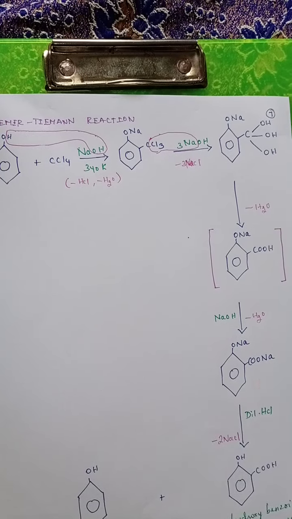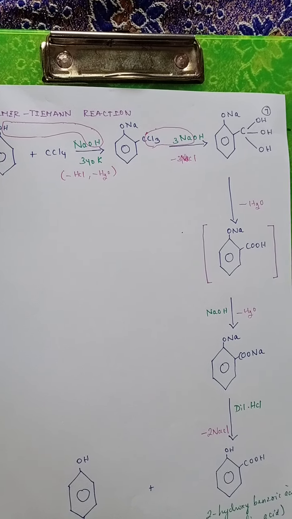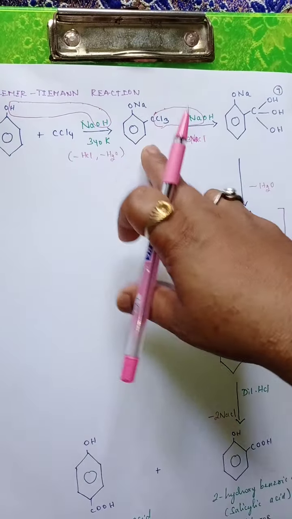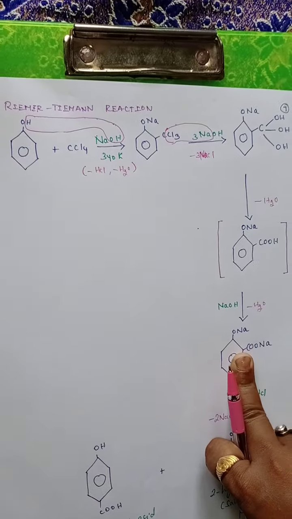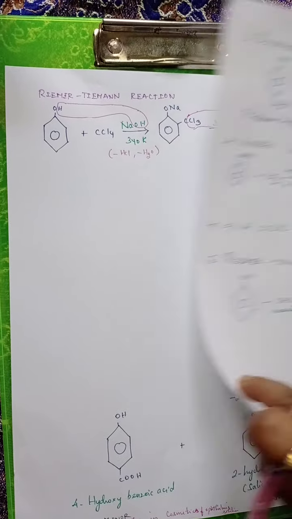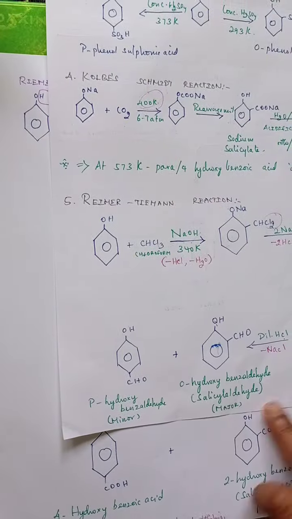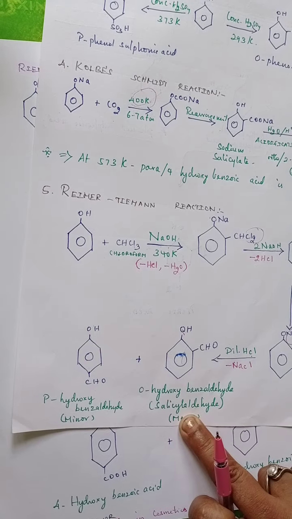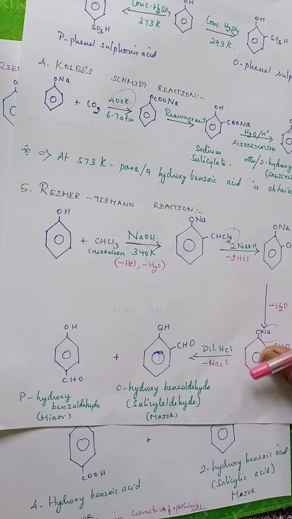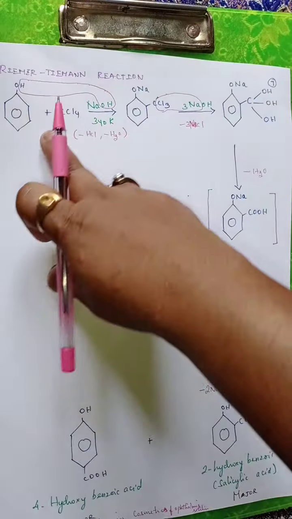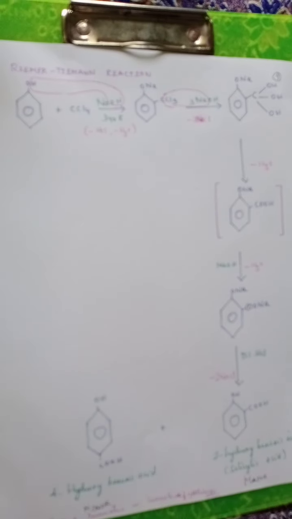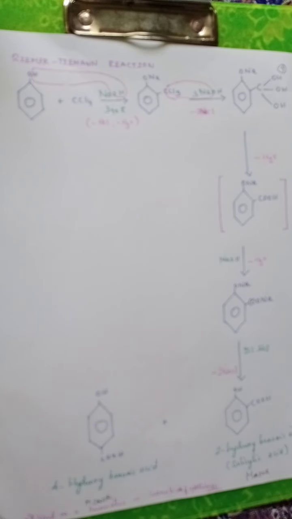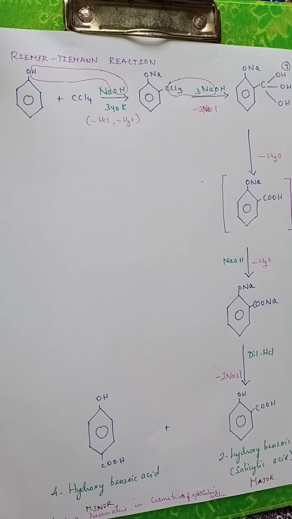By mistake I moved on to picric acid again, but actually there is one more Reimer-Tiemann reaction. Here we get salicylaldehyde as a product, right? Over there it was salicylaldehyde, and the other Reimer-Tiemann reaction leads to salicylic acid.